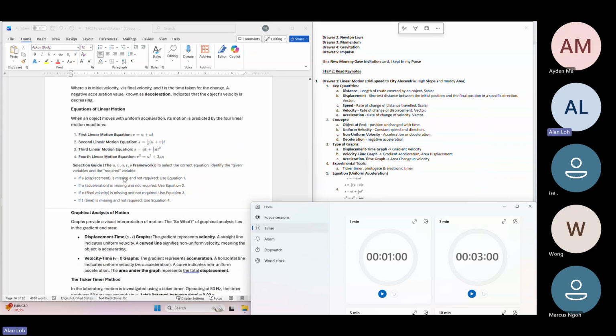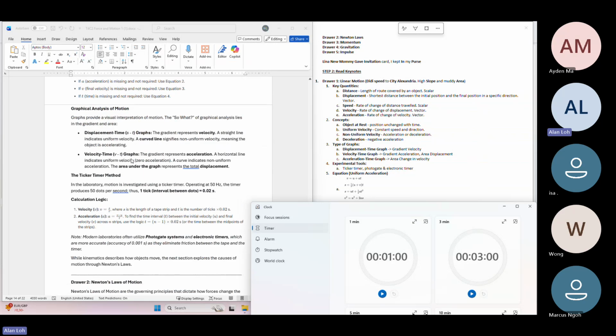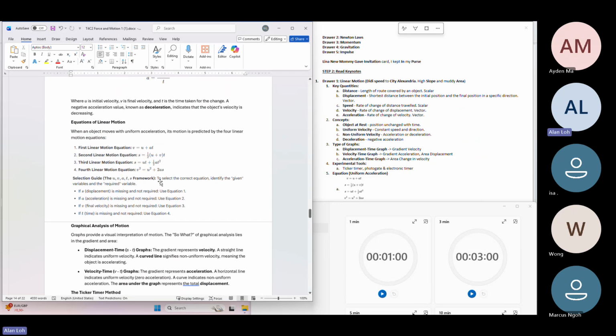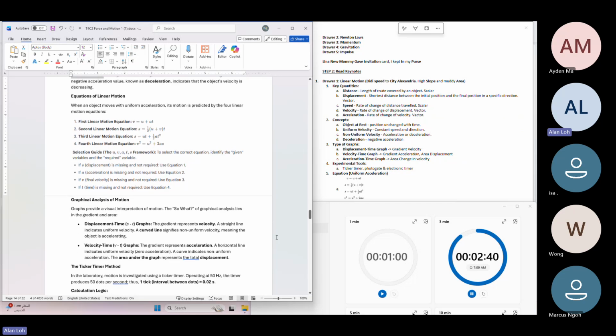So we have done this part. Let's continue from where u is the initial velocity until Newton, until here. I'm going to scroll down a bit later. Let's do 1.5 minutes from here. Okay, I'll scroll down a bit.